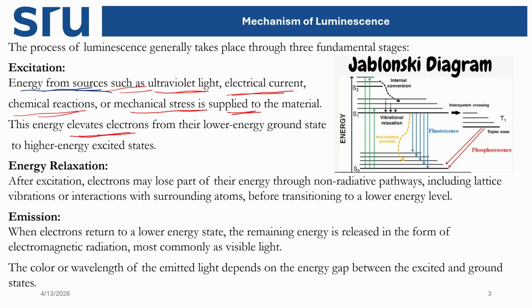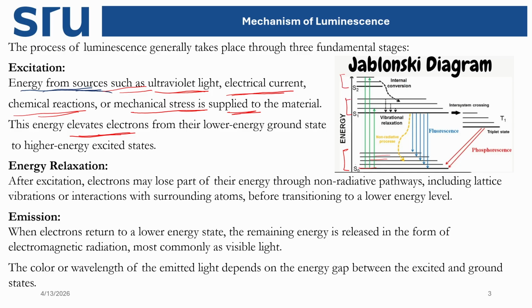For example, here if you see, this is one electronic state S0, this is another electronic state S1, and another higher energy state is S2. In the S0 electronic state, there are many vibrational states. These small lines are vibrational states, and the whole set is one electronic state. Like this, here also is one electronic state, and this is another.